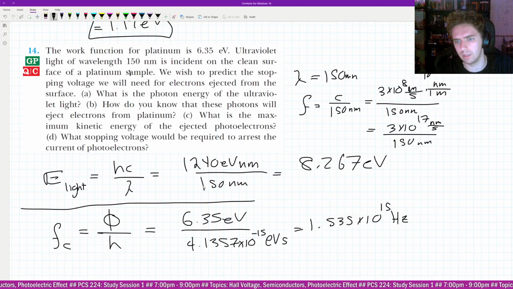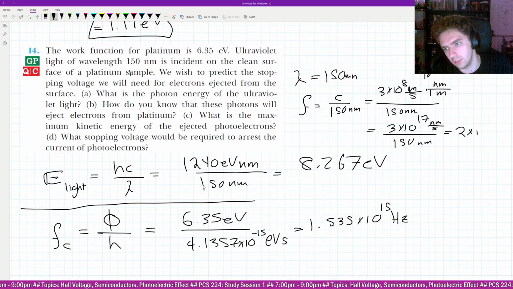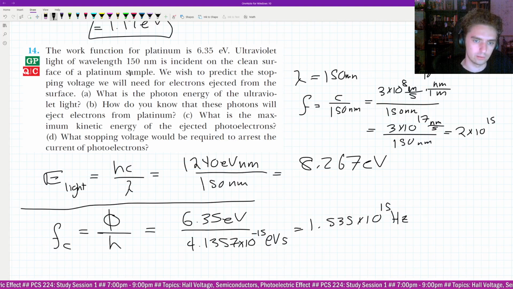I think that actually is right. 3 times 10 to the 17 over 150. So that's 2 times 10 to the 15, which is greater than our cutoff frequency. So we're good. Since we're greater than our cutoff frequency, we will emit electrons.